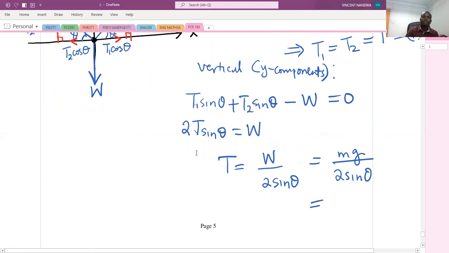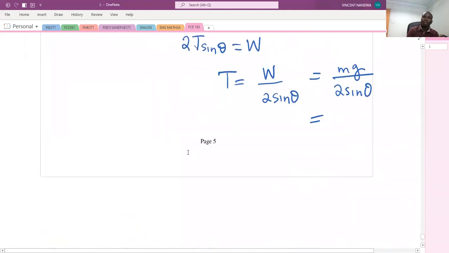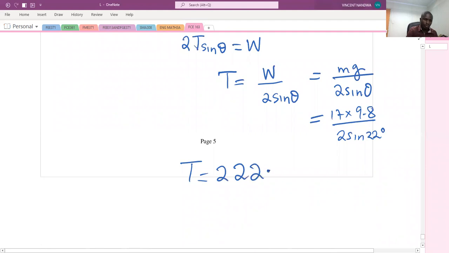And mass is 17. So 17 times 9.8 over 2 times sine of 22 degrees. So 17 times 9.8 divided by 2 sine 22 gives us 222.54 newtons.